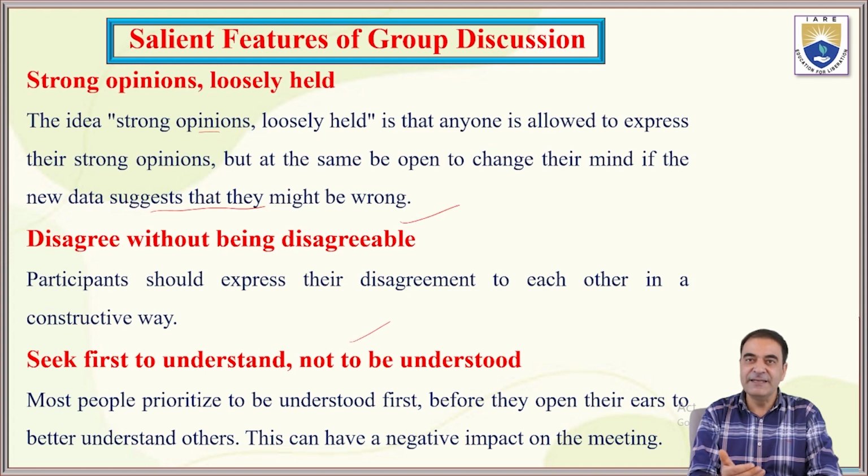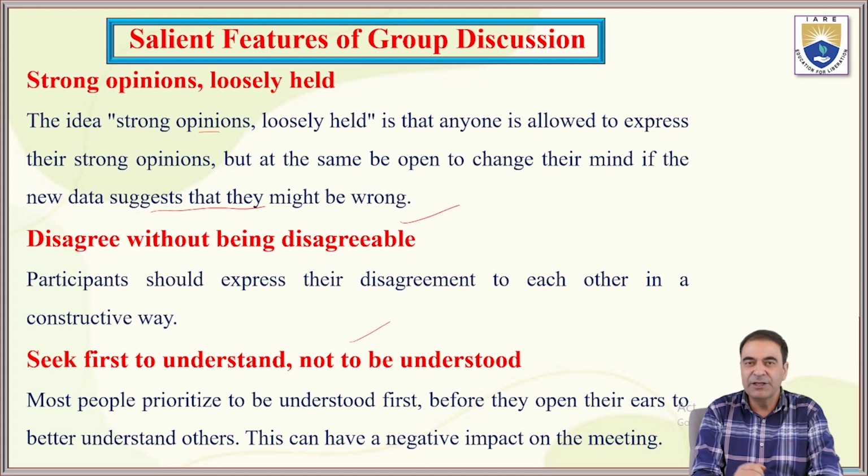That's why it's very important for any discussion that we need to understand people rather than to be understood. Which means that in the discussion process we need to be a good listener. Only when we are a good listener is it possible that we can understand people.